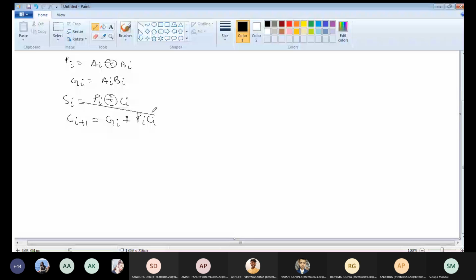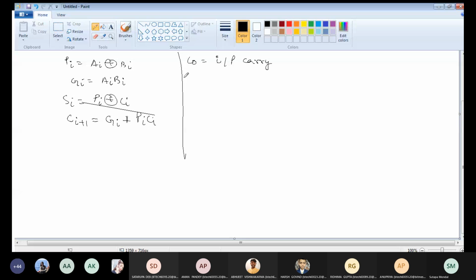Okay. So what will we be doing now? Now we will be putting in all the values. Suppose C0 equals your input carry. So what will be C1? If C0 is the input carry, what will be C1?